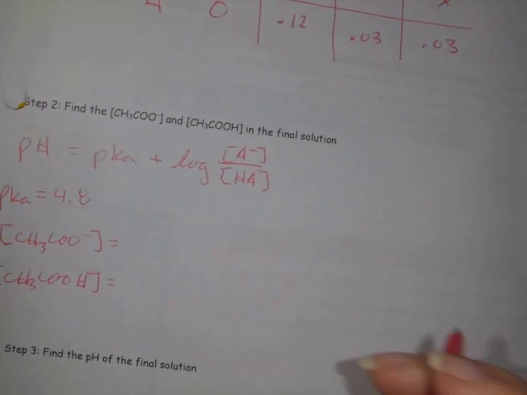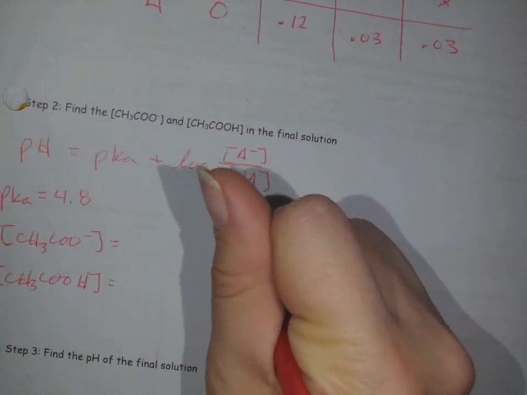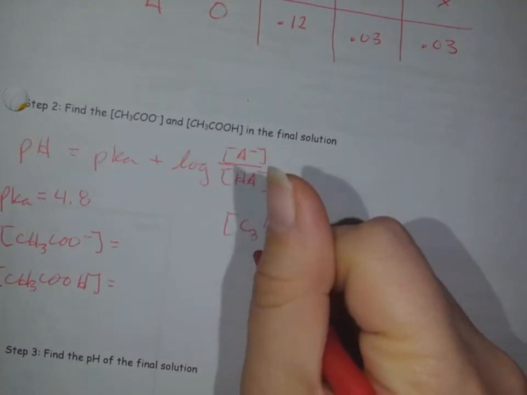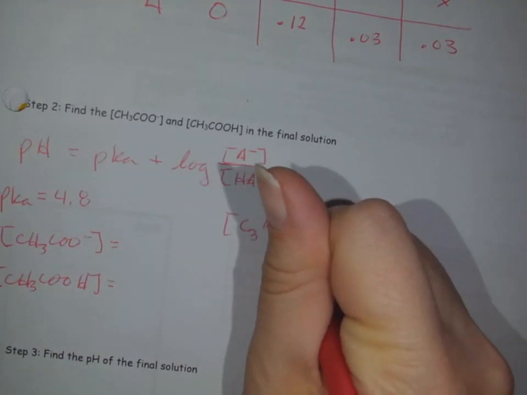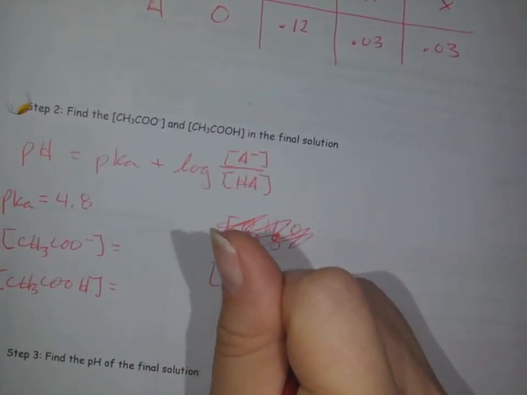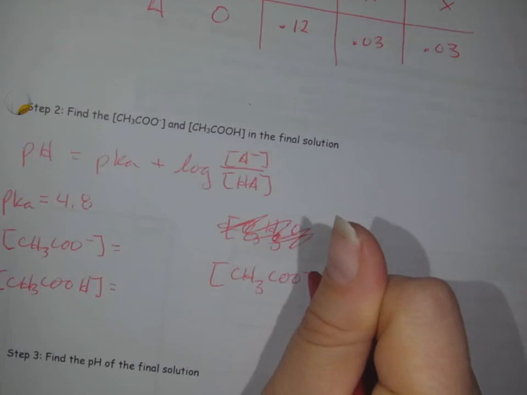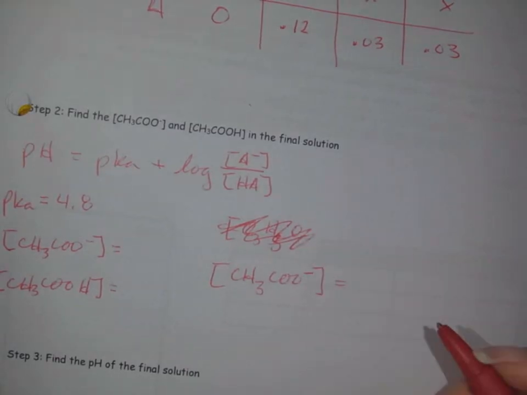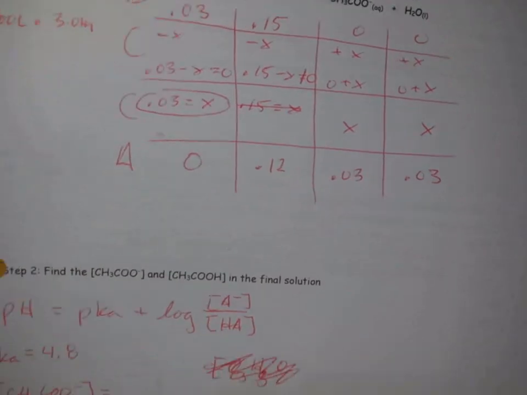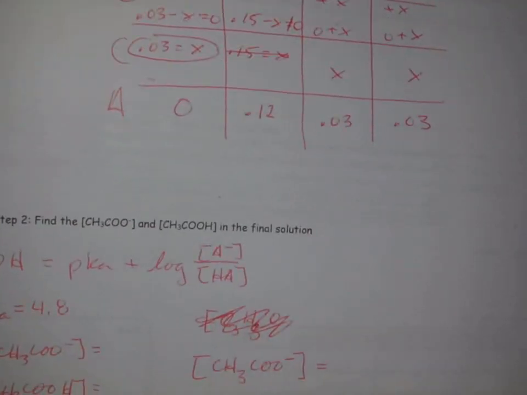The good news is that we know the moles of both of those items. CH3COO minus from our BCCA table. So we know after the reaction, this is how much of that conjugate base we had as far as moles go.